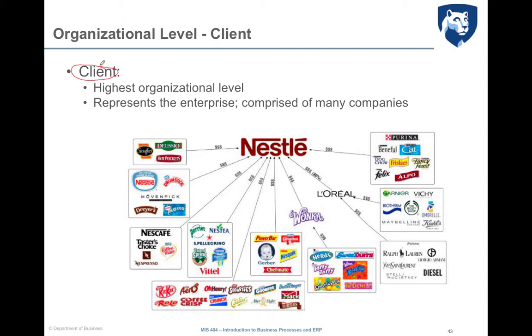If we carry on with the case that we already analyzed in previous classes, Nestlé, for example, is the main client company, the master enterprise of several sub-companies, such as, let's say, Purina, such as L'Oreal, such as Wonka, such as Garnier, and so on.